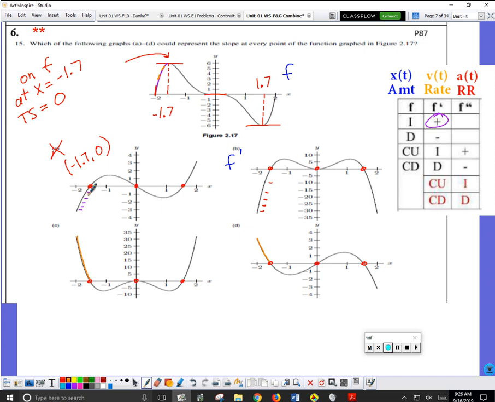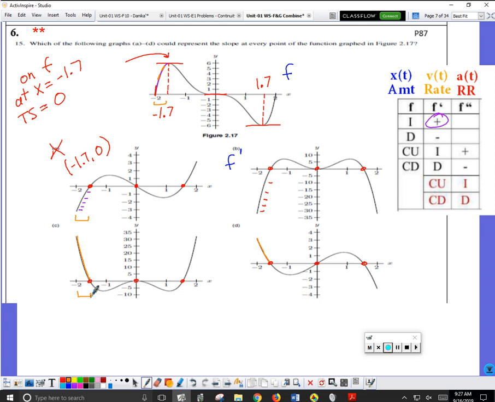Well, all of these y coordinates are negative, because I'm only looking at this little space right here. And in that little space down here, all the y values are negative, so it's opposite. When f is going up, I should find positive y coordinates. Here I find it. For x from -2 to 1.7, on f prime, I see all positive y coordinates in that same span. Does that make sense? Good job, Cindy.